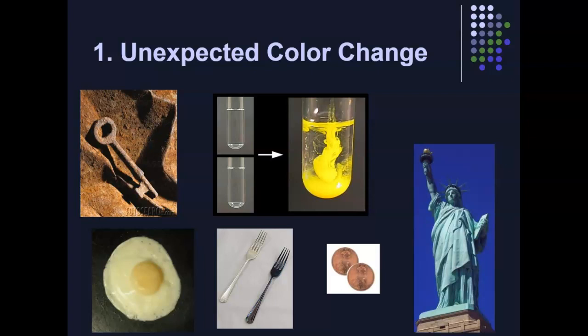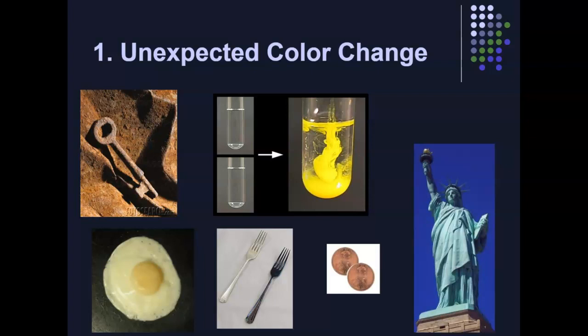We might have our fork change from a silver fork to now an oxidized black looking fork that's got some silver oxide on the outside. That particular color change is a chemical reaction. It's called tarnishing. And then we might have our penny, which is made of copper, begin to oxidize and turn into, much like our Statue of Liberty, having a green patina on the outside.